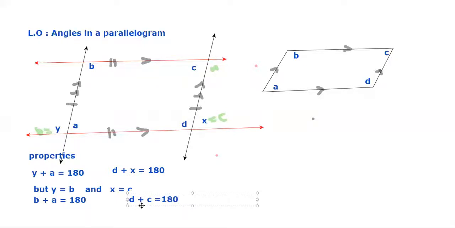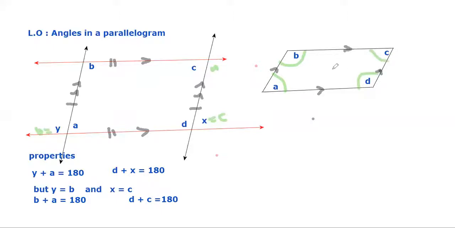So that is the first property. The first property is that two adjacent angles add up to 180. I write the property here: this plus this is 180, and also this plus this is 180.